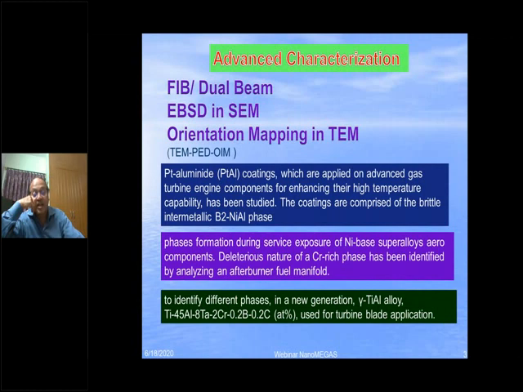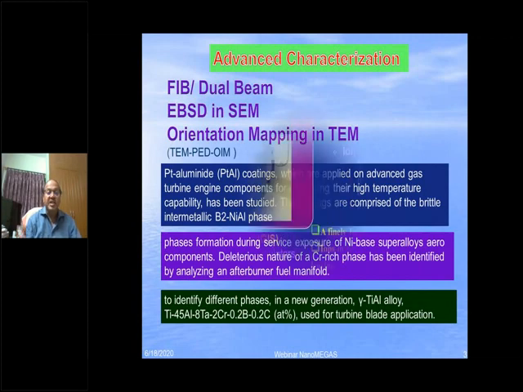The third example is a gamma titanium aluminum alloy: how to find the phases in this advanced alloy, using both PED and ACOM combined, to find out what phases are present in the new generation alloy. So these three examples help.